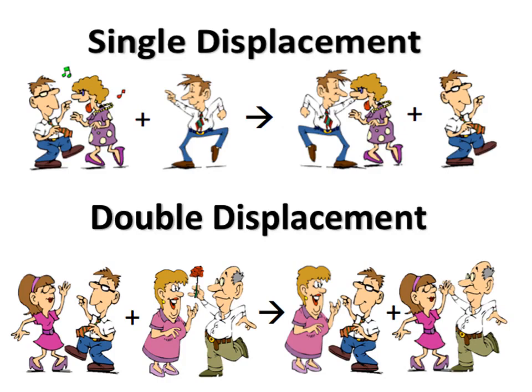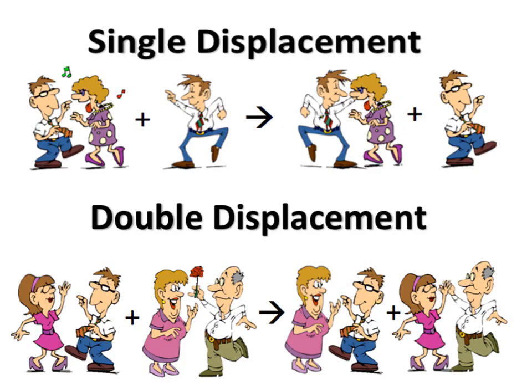In the single displacement reaction, the boy who was with the couple before has been displaced and left by the other, and the one who was single has come with this girl. Similarly, you can take this boy and girl in the first single displacement reaction as CuSO4, and this single one is Zn. So now it has become ZnSO4 and the single one is copper, that is Cu.